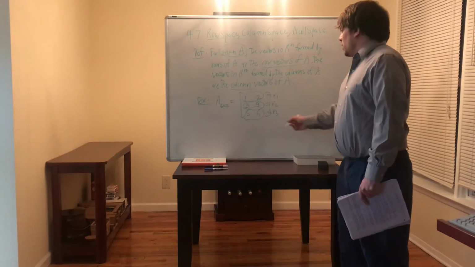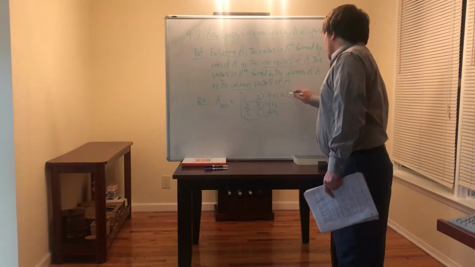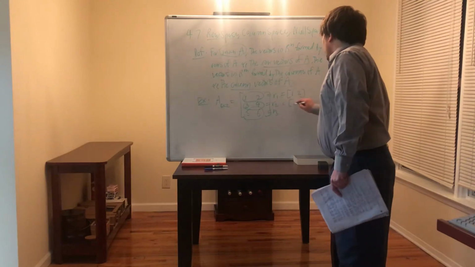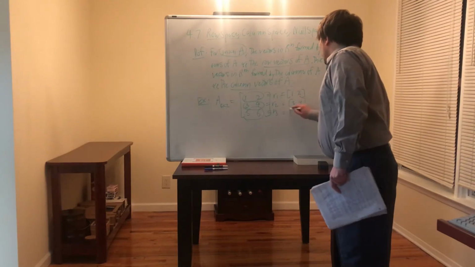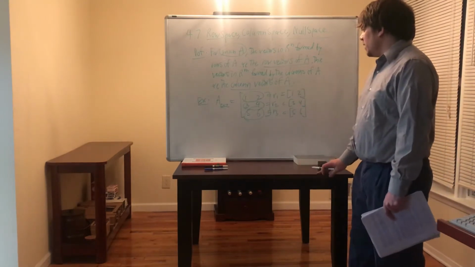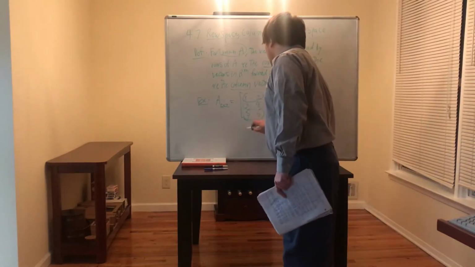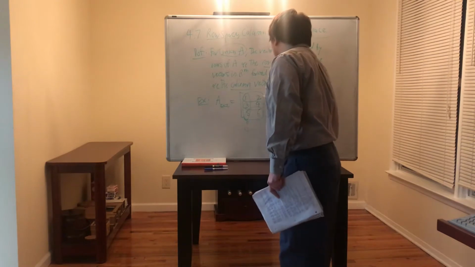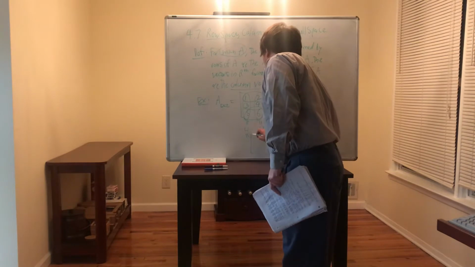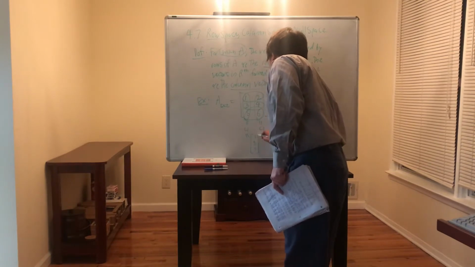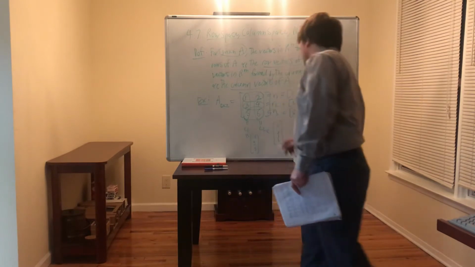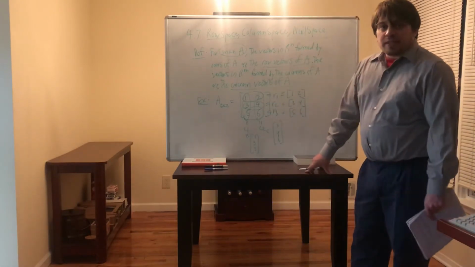And so this would be the first row vector. This would be the second row vector. And this would be the third row vector. And this would be the first column, and this would be the second column. And so the first column would be the matrix 1, 3, 5. And the second column would be the matrix 2, 4, 6. Make sense?